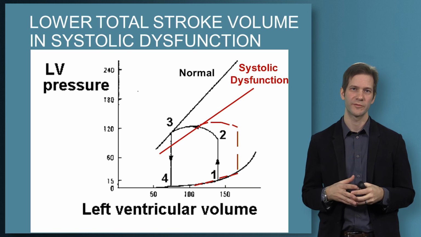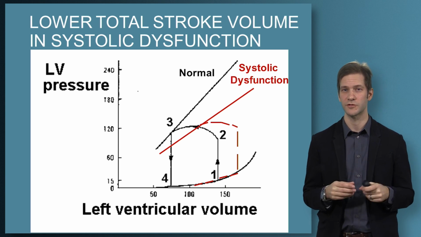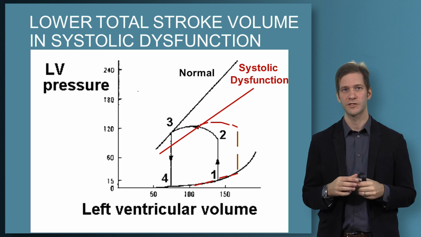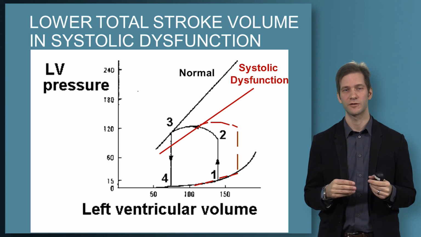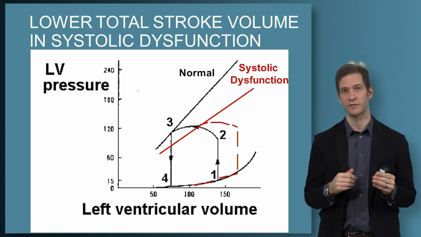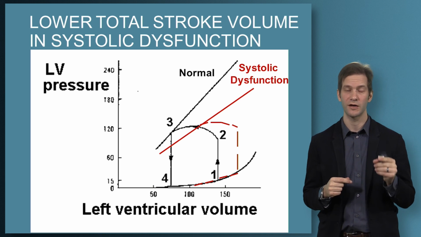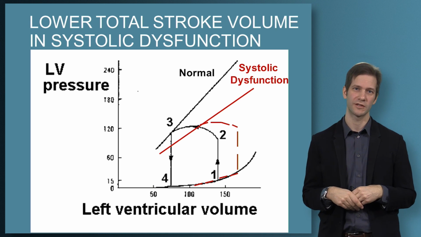And I put this up for information purposes. This can sometimes confuse students and sometimes clarify things for students, but really, this describes a relationship between the left ventricular pressure and left ventricular volume. If you look at the normal curve in black compared to a patient with systolic dysfunction in red, you can see that the overall stroke volume, or cardiac output, which is represented by the area under the curve, is less in systolic dysfunction.